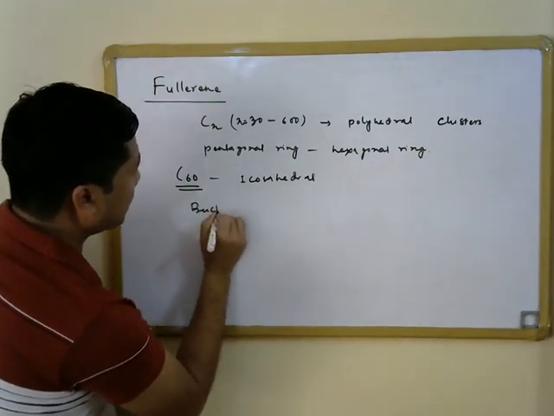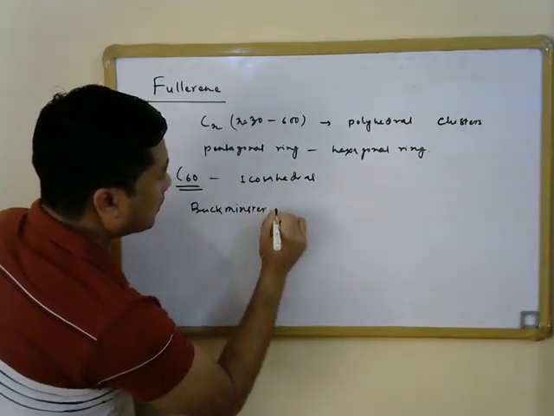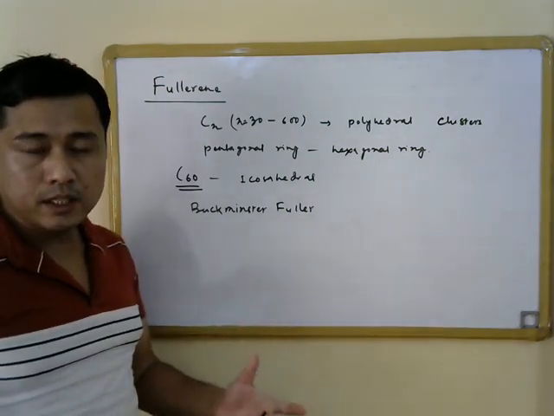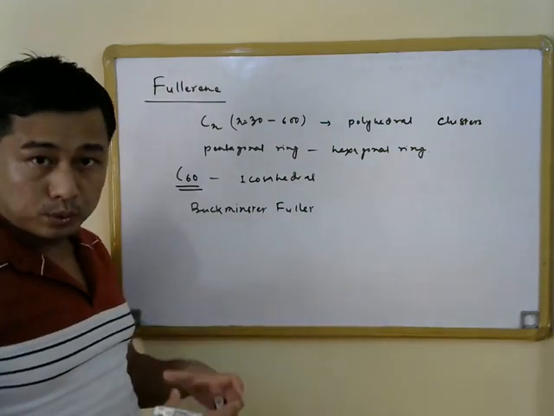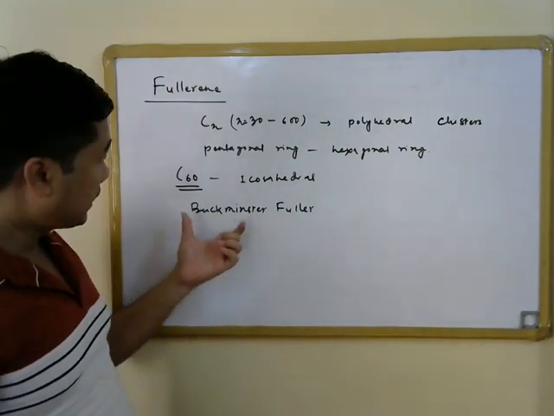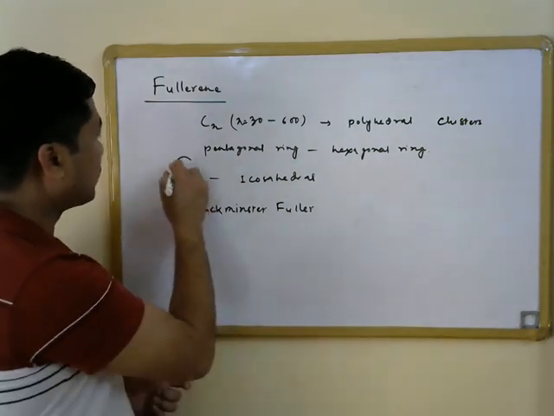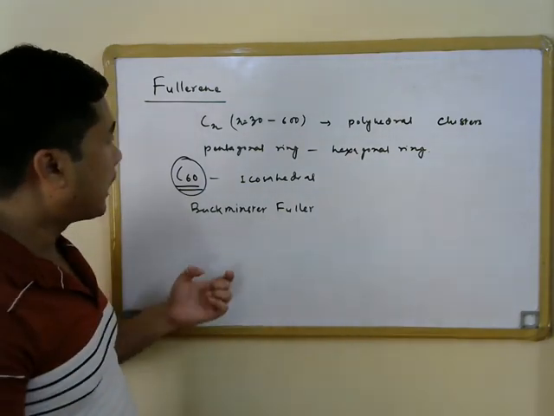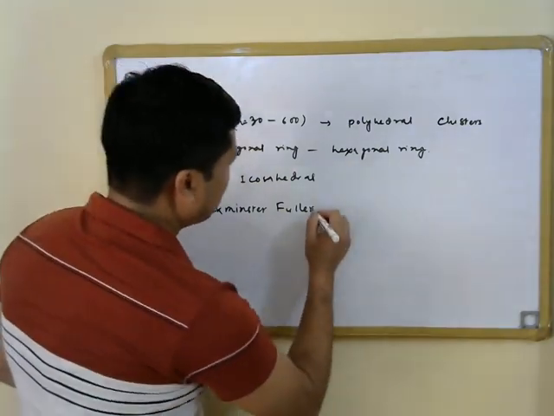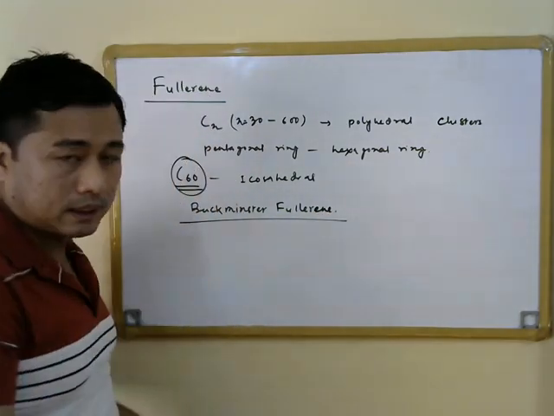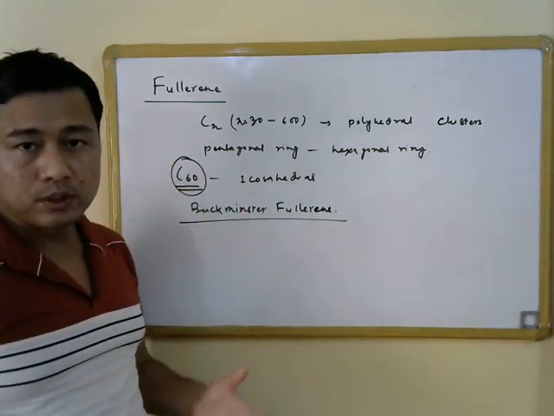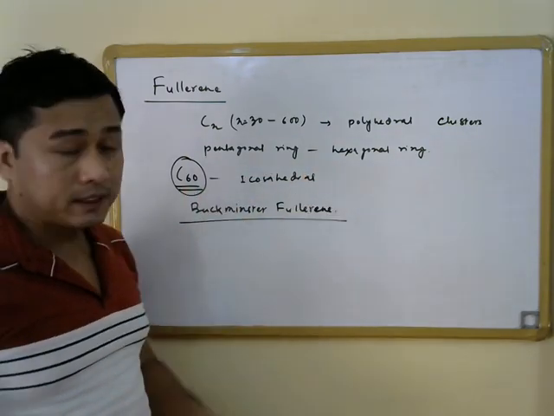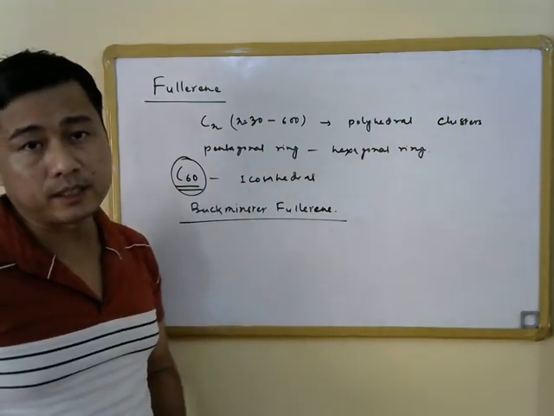Buckminster Fuller was an architect, and he designed a geodesic dome whose shape is identical to the structure of the C60 molecule, and that is why the C60 molecule was initially named Buckminsterfullerene. Fullerene was the name assigned to the C60 molecule, and that is how this class of polyhedral clusters formed by pentagonal and hexagonal rings of carbon atoms is known as fullerenes.